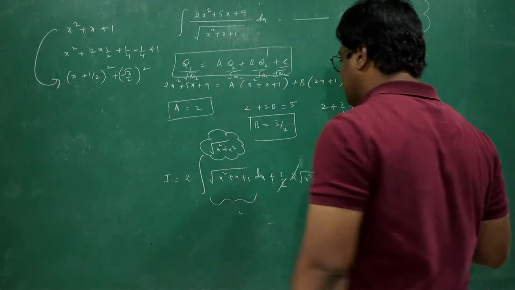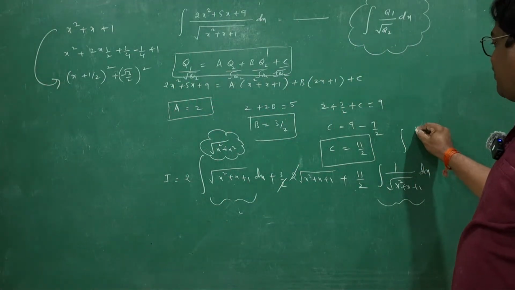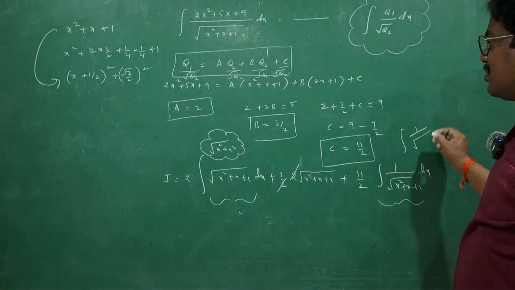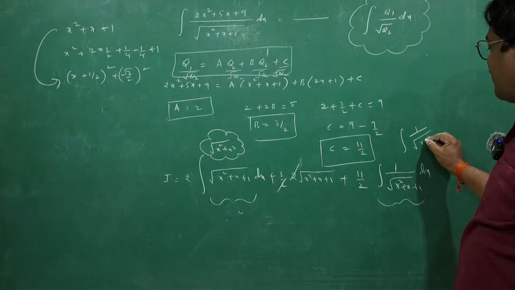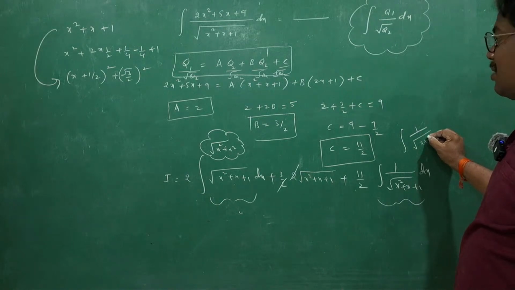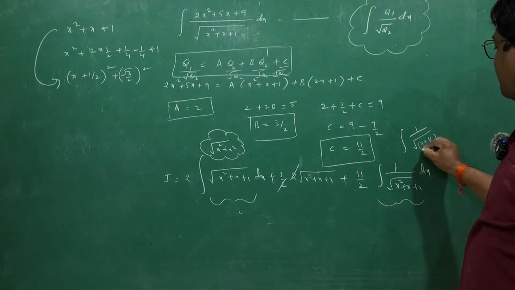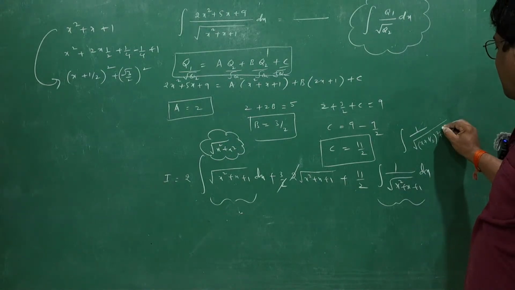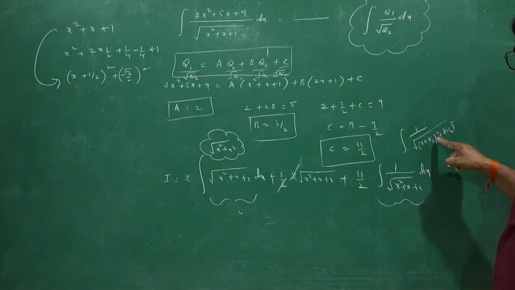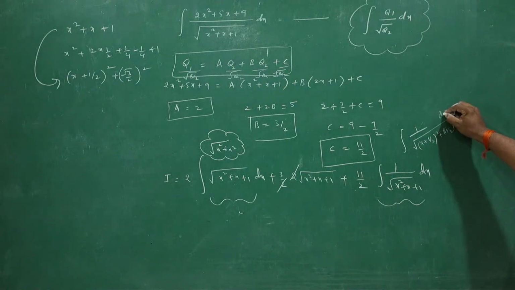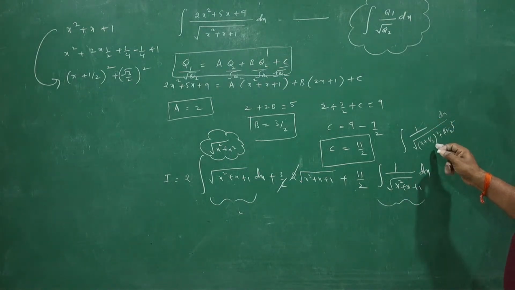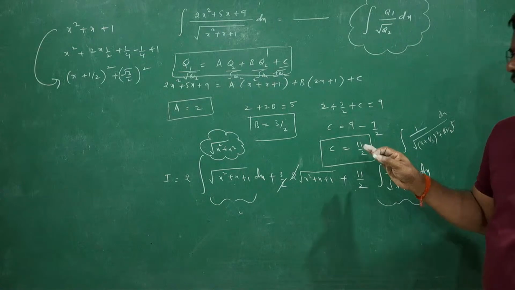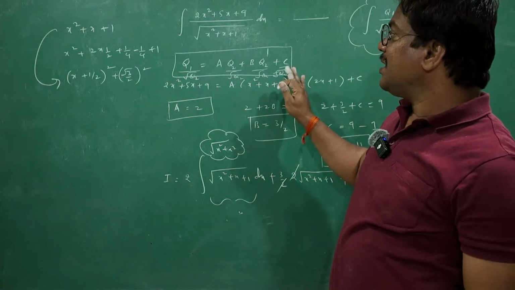And the integral 1 by root over x square plus a square is nothing but sinh inverse of x by a. So, you can easily integrate.